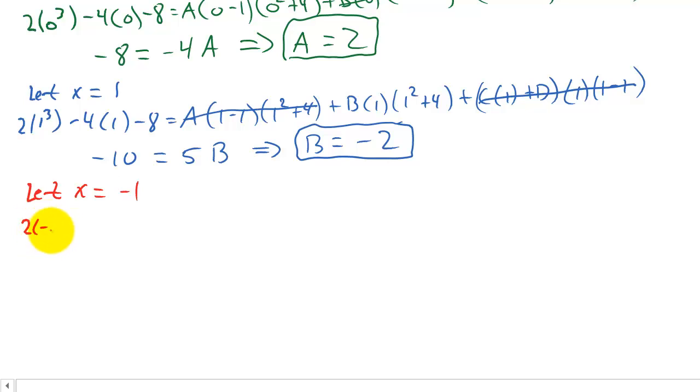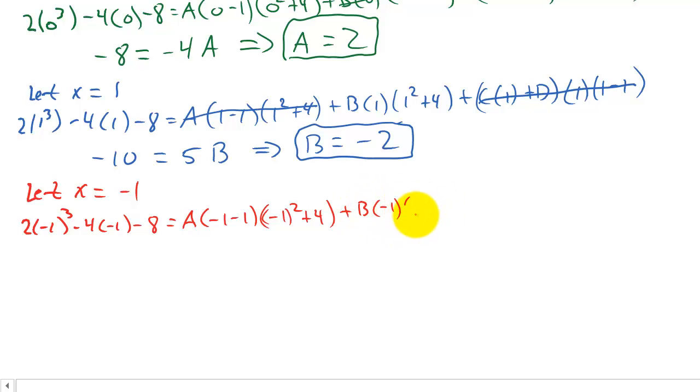So I get 2 times negative 1 cubed minus 4 times negative 1 minus 8 is A times negative 1 minus 1 times negative 1 squared plus 4, plus B times negative 1 times negative 1 squared plus 4, plus C times negative 1 plus D times negative 1 times negative 1 minus 1.